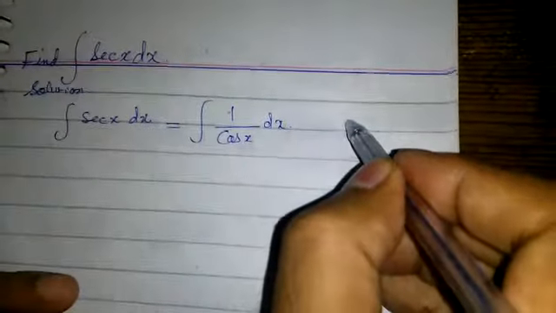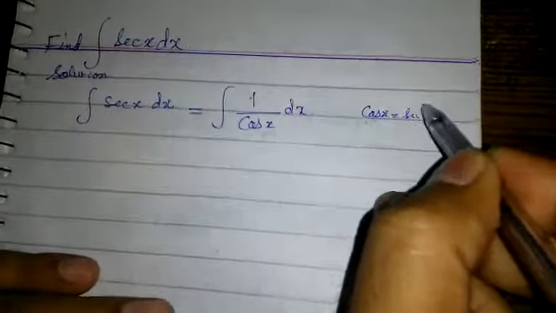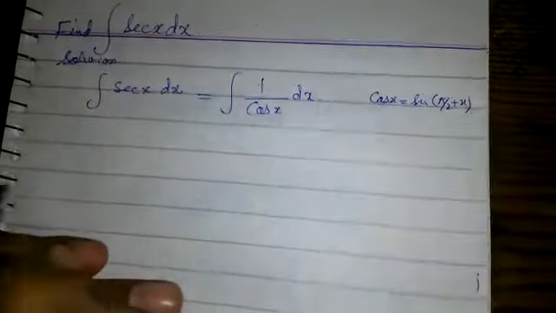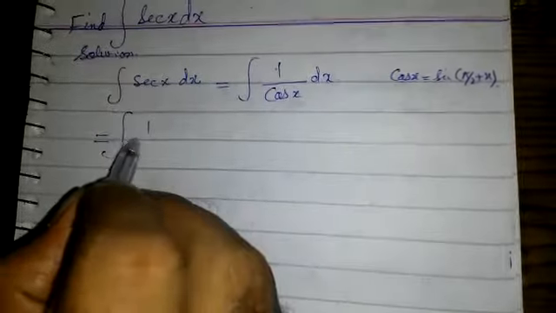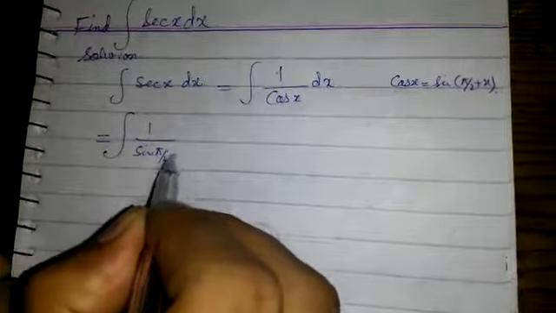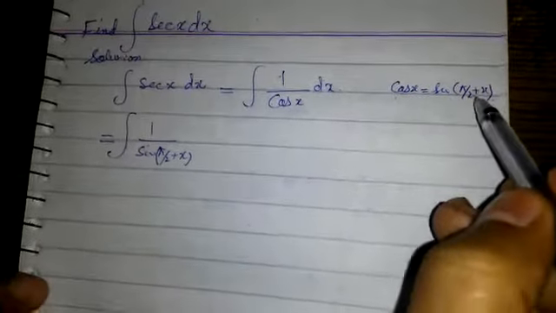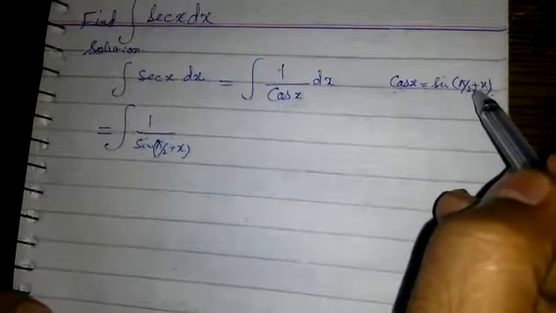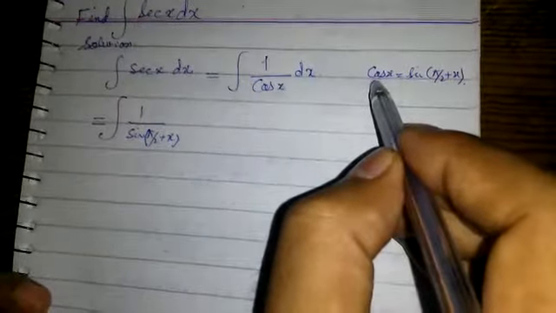We know that cos x is equal to sine of pi by 2 plus x. So putting this, integral 1 over sine of pi by 2 plus x, because we know the angles with pi by 2 change sine into cos.